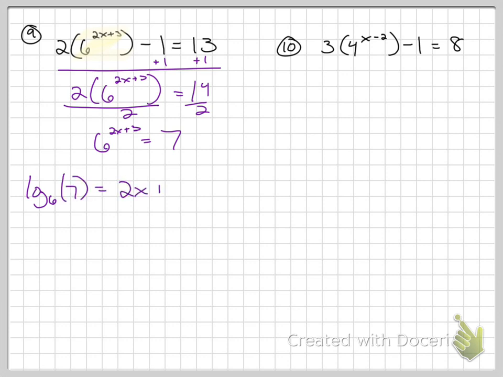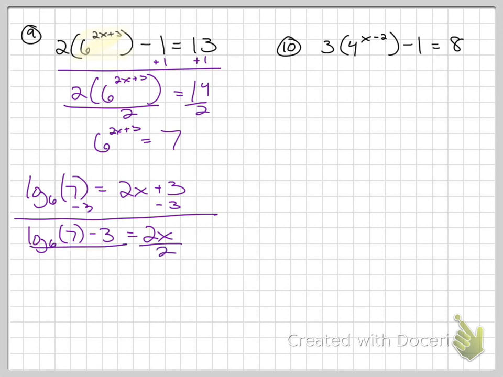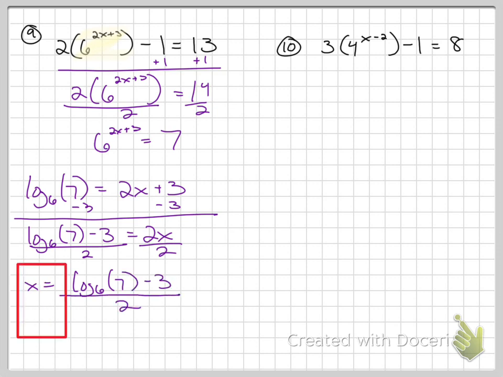This time it equals 2x plus 3, so it still kind of has a ways to go. Minus the 3. Remember, you can't actually subtract it, so it's going to be log 6 of 7 minus 3. But now it equals 2x, so to finish solving, you have to divide by 2. So your answer is going to look like log base 6 of 7 minus 3 all over 2. Nothing simplifies, nothing combines. That's the answer.